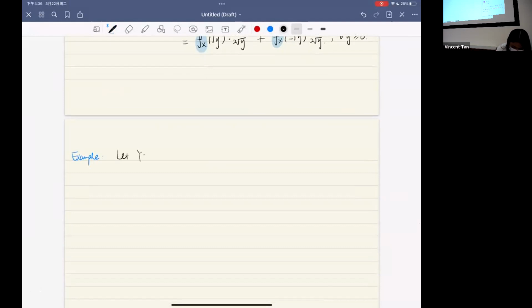In this example, we assume that y is an exponential function of x, a continuous random variable uniformly distributed between 0 and 1. Write the PDF.